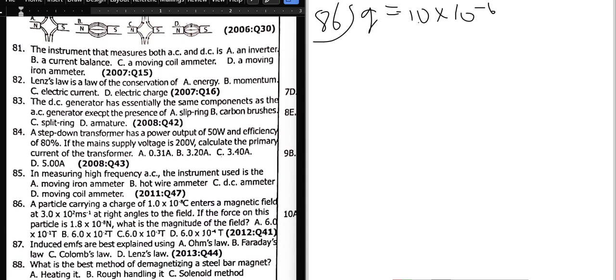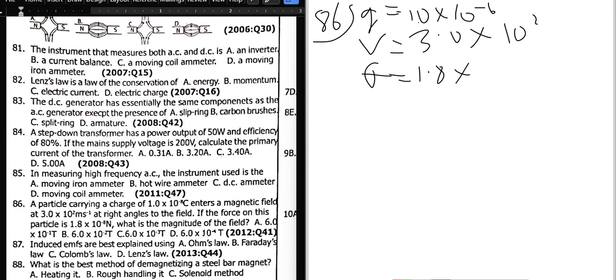That is the charge. Then we have V, which is the velocity, 3.0 times 10 raised to the power of 2. Then we have F, which is the force, 1.8 times 10 raised to the power of minus 8. Then we have theta, which is 90 degrees.